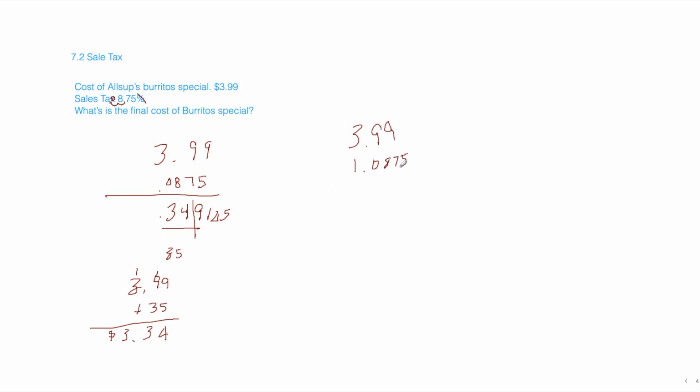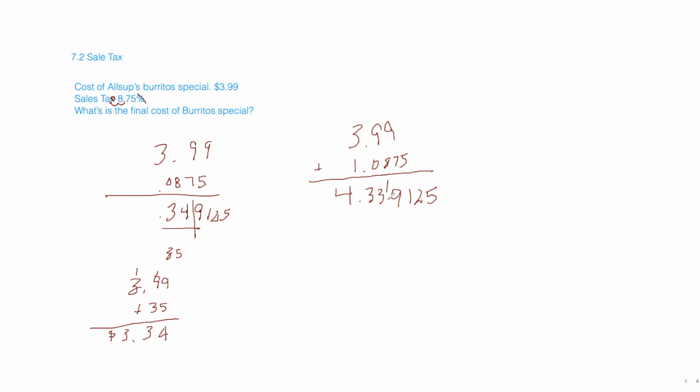By adding that 1, once again, you're adding 100%, or the 3.99, to the 8.75%. So here, 3.99 times 1.0875 gives you, I'm writing all the numbers down, I know this way you can see how I get what I get.